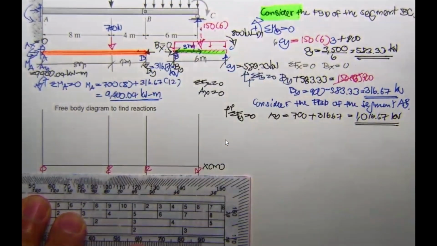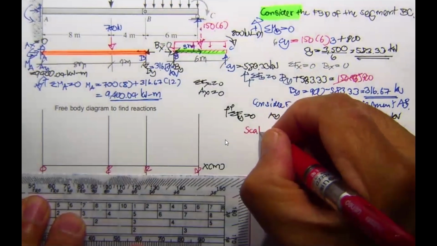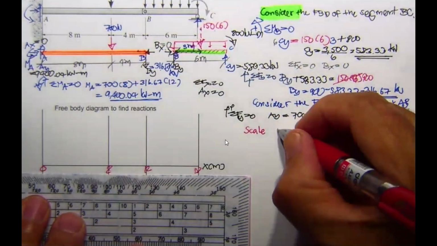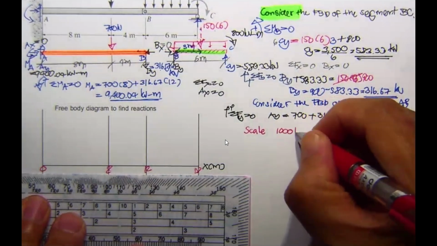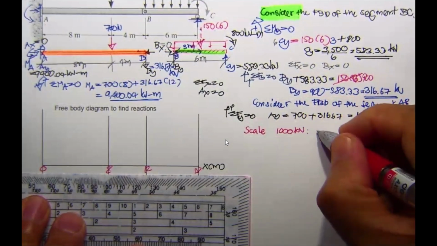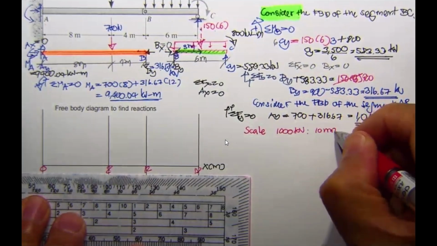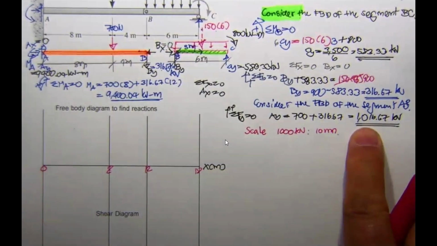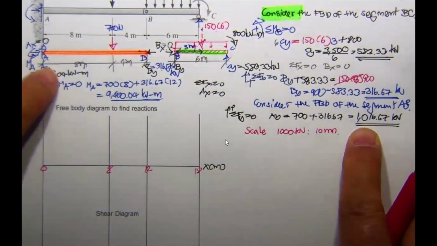Okay, 18. Then you've got to put a proper scale. You may use 1,000 kilonewton per 10 millimeter. Sure, that's going to be the maximum force, going to be 1,000.